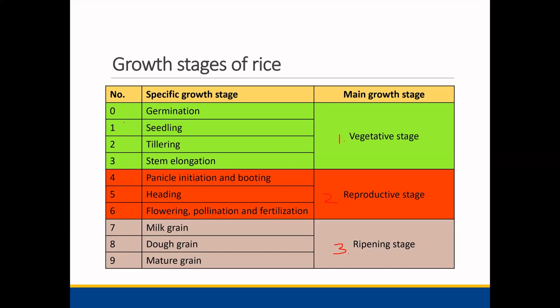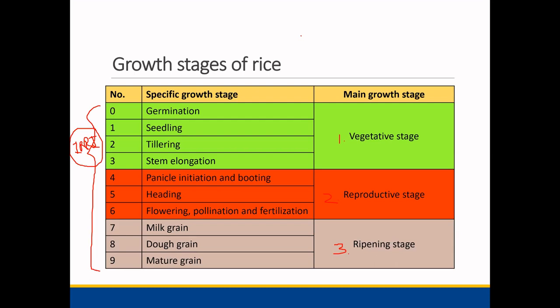One is a numbering system from 0 to 9, usually practiced by the International Rice Research Institute in the Philippines.